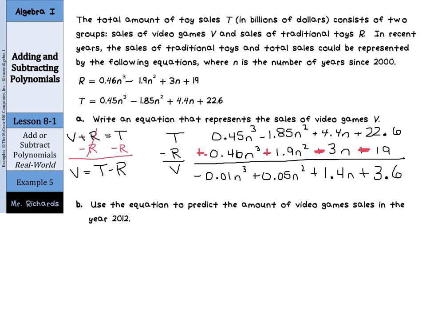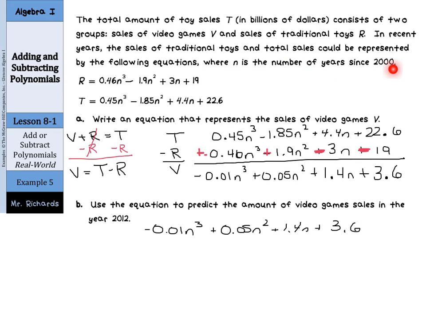And so now as we have that, we can use the equation to predict the amount of video game sales in the year 2012. So we're going to rewrite our equation, negative 1/100th n cubed plus 5 hundredths n squared plus 1 4/10 n plus 3 6/10. And now n represents the number of years since 2000.